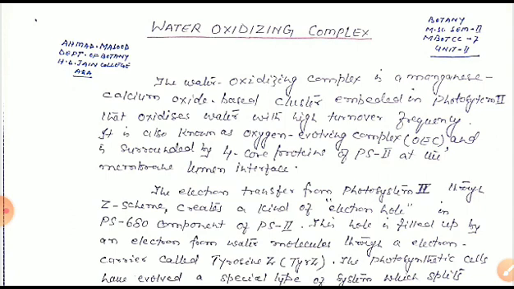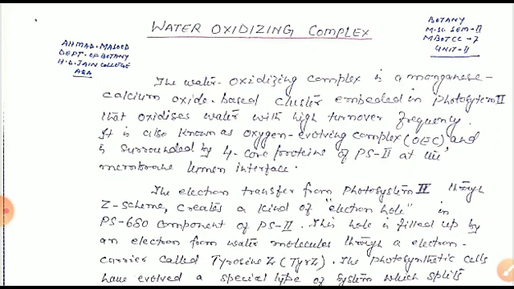We have already discussed this in non-cyclic pathway of light reaction of photosynthesis. The electrons in this case are actually accepted by NADP plus, which is reduced to NADPH plus H plus, and this reducing factor along with ATP are used in the assimilation of carbon dioxide in the dark reaction of photosynthesis.